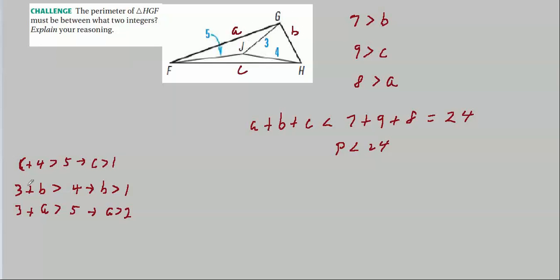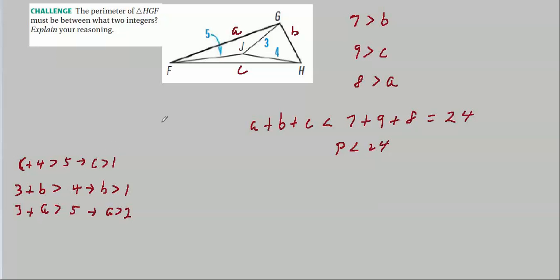Here, same thing. We can have 3 plus b is greater than 4. And similarly, 3 plus a is greater than 5. So this gives us c is greater than 1, pardon me, b is greater than 1, and a is greater than 2.